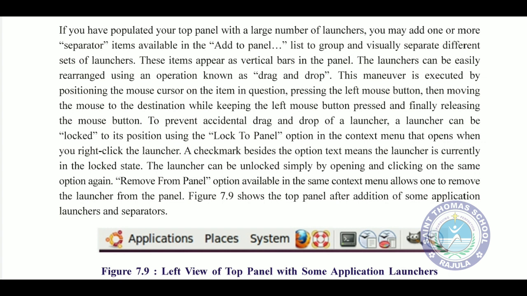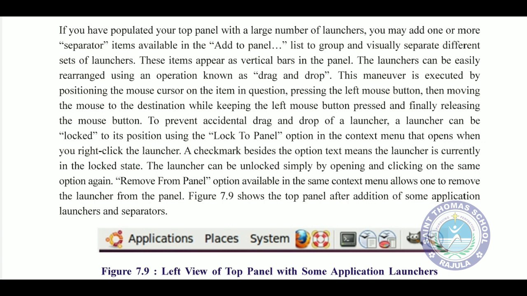Then keep pressing your left mouse button, don't release it, and drag your mouse with the left button pressed. Put your mouse pointer at the last position, and then release the left mouse button. Then you will see that Mozilla Firefox is moved from the first to the last. Like this, you can change the position.